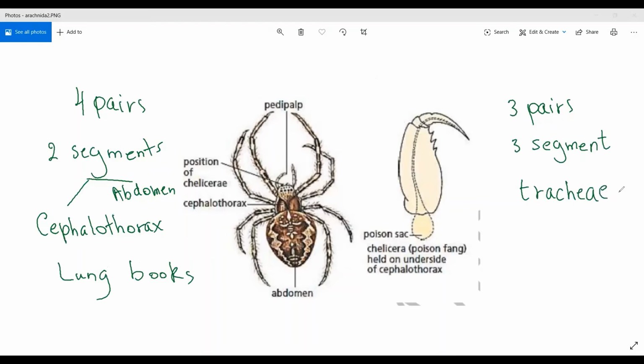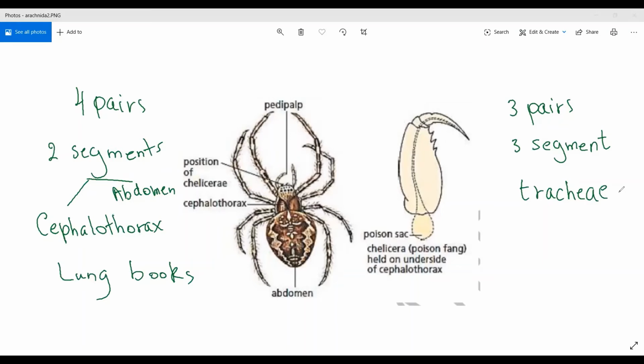In the exams, I saw this question so many times: to compare between the arachnids and the insects. In the past, they considered that both of them are insects. But later on, they found some differences.